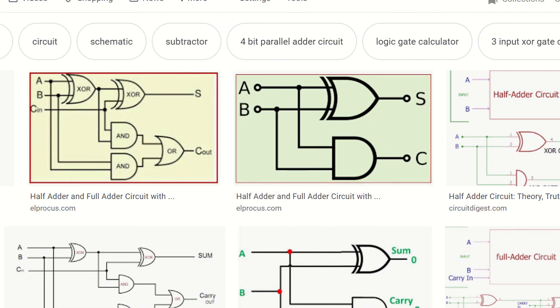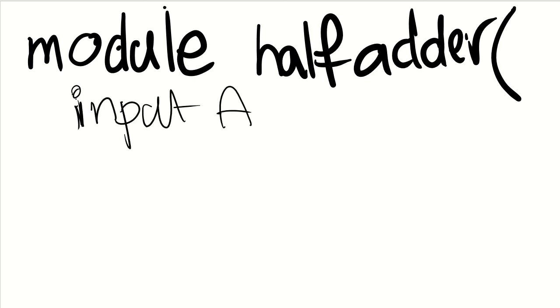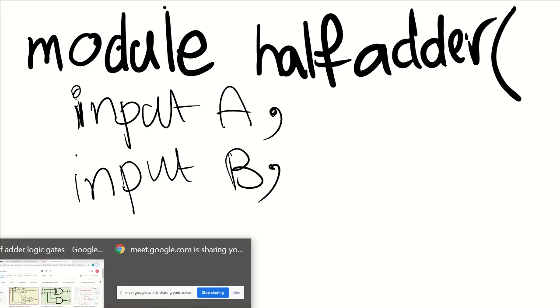When I type after the parentheses, you have to give it input, and you use the keyword input, and Verilog will understand what you're talking about. So you say input A. Then you say input B. And what are the outputs?